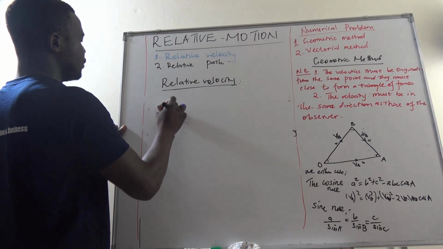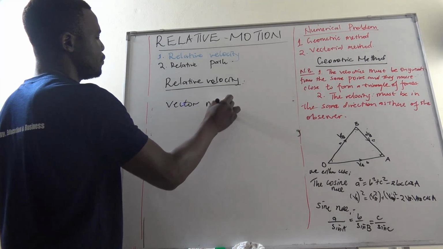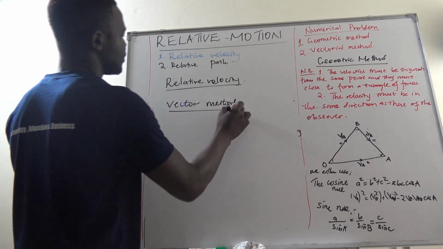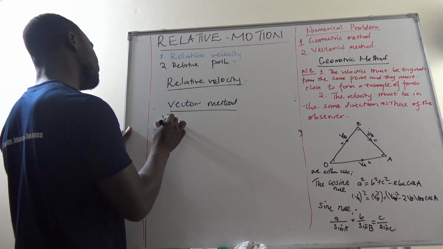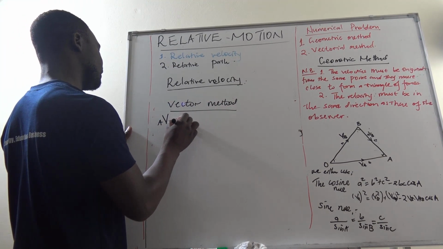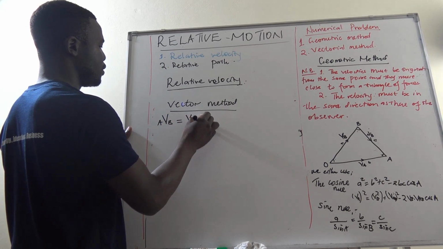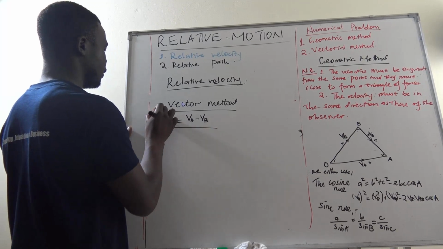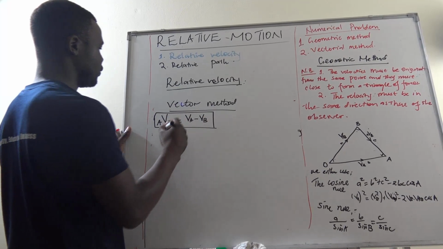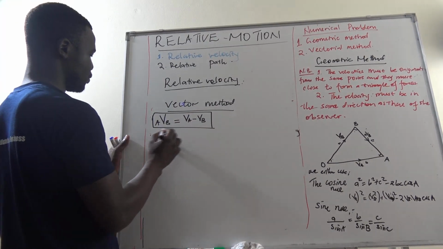Now let's look at the vector method. If we are using vector calculus, we know that the velocity of A relative to B is equal to velocity of A minus the velocity of B. So if we were given the two velocities, then we would calculate it from this one.